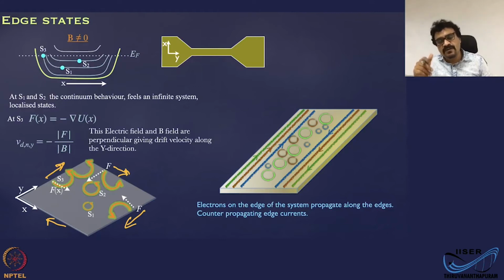So if there are three Landau levels, all three will cross at the edge here, which means you have three states here. So the number of states available at the edge for transport is the number of Landau levels present. And that will be going in one direction along one edge and the other direction along the other edge.